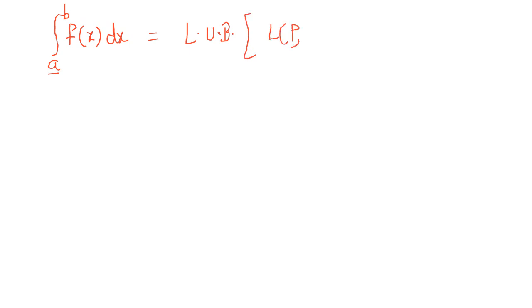We will do one question, then you can easily understand. So the lower Riemann integral of f of x dx is always LUB of LPF for P belongs to A comma B.